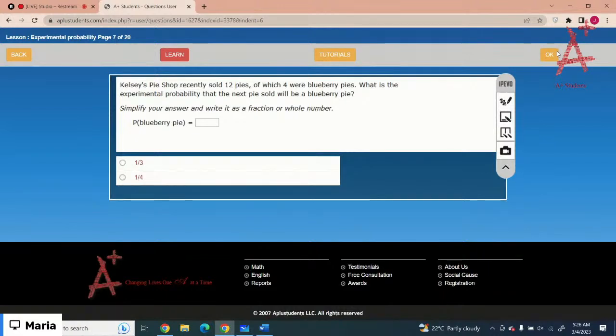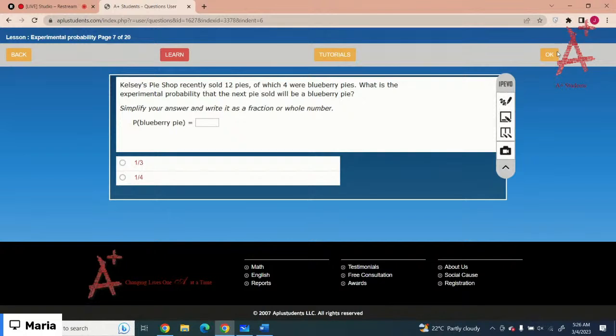Kelsey's pie shop recently sold 12 pies, of which 4 were blueberry pies. What is the experimental probability that the next pie sold will be a blueberry pie? It is 4 over 12. Got it?